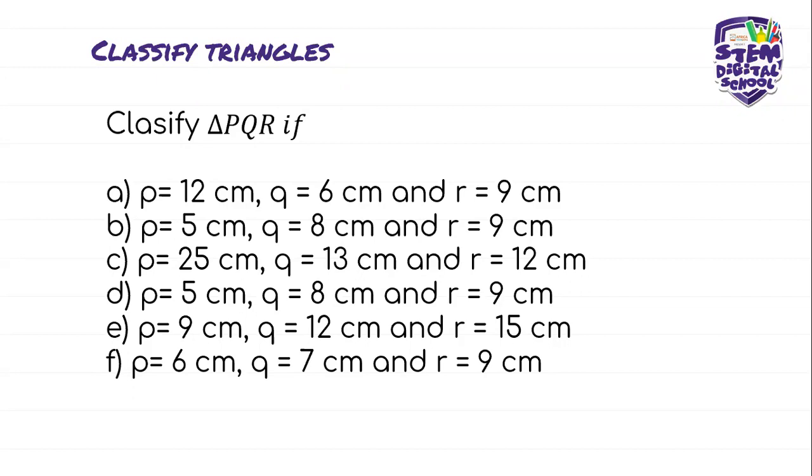So on the left-hand side I have 625, and on my right-hand side I have 169 plus 144, which equals 313. So it's also not equal, but the triangle is an obtuse angled scalene triangle.